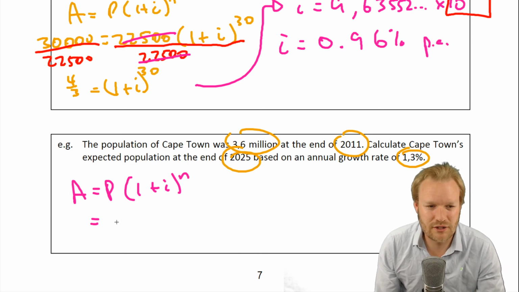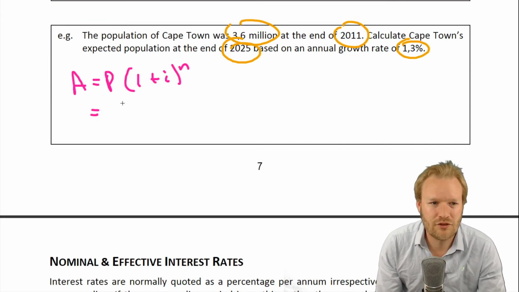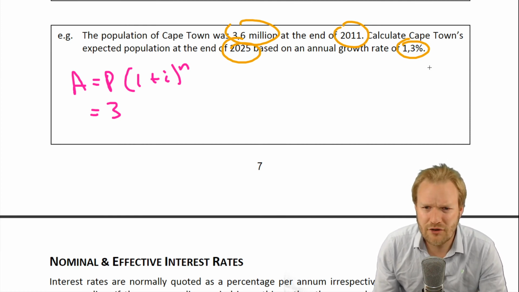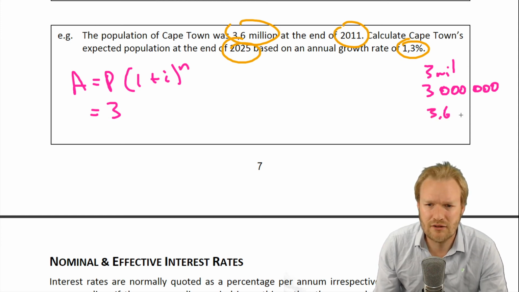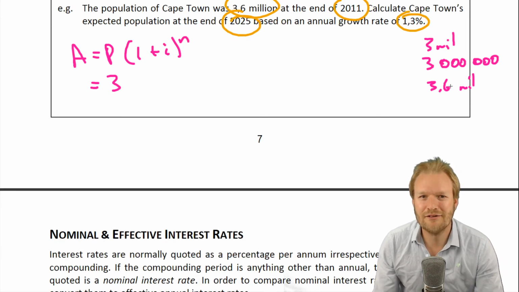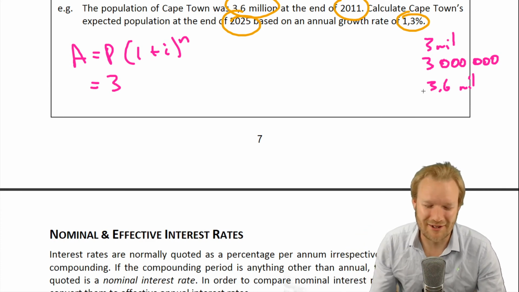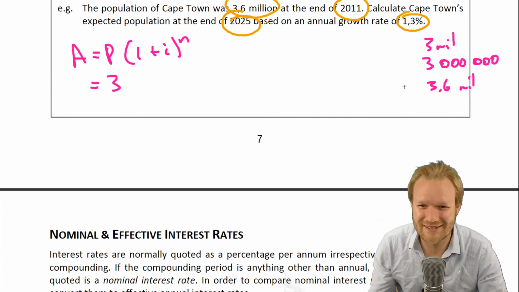We're going to start with a principal amount of 3.6 million. Now, let's just look here. 3 million would be 3 and 6 zeros. So 3.6 million. See how cool I am. Did I just say mil? No more rapping, right?